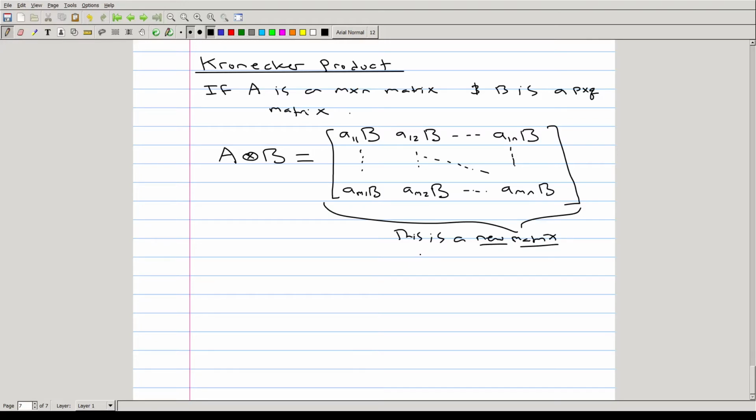And its size is going to be p times m by q times n.